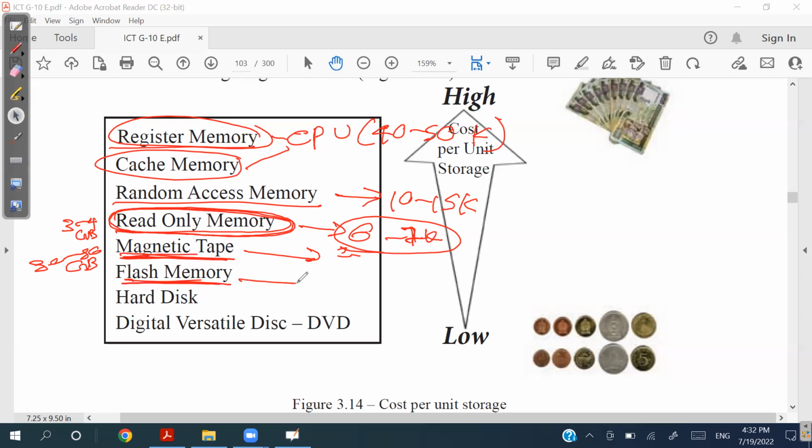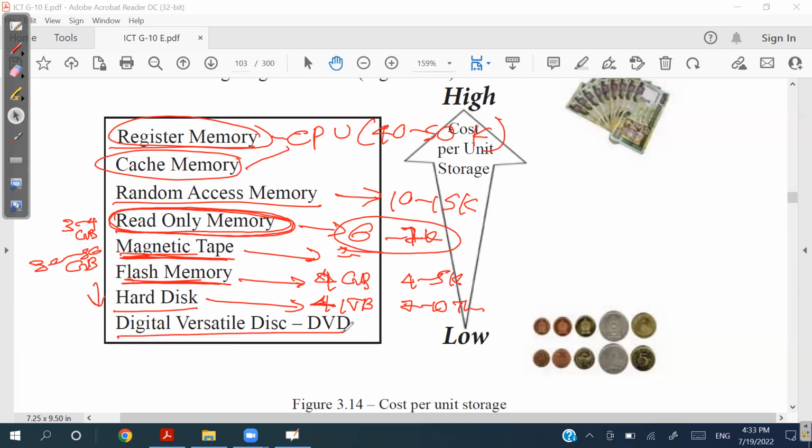Flash memory, you can take 4 GB of flash memory for 4,000 to 5,000. Hard disk, again, how much? 1 terabyte of capacity can be taken for like 7,000 to 10,000. So cost per bit is lesser.